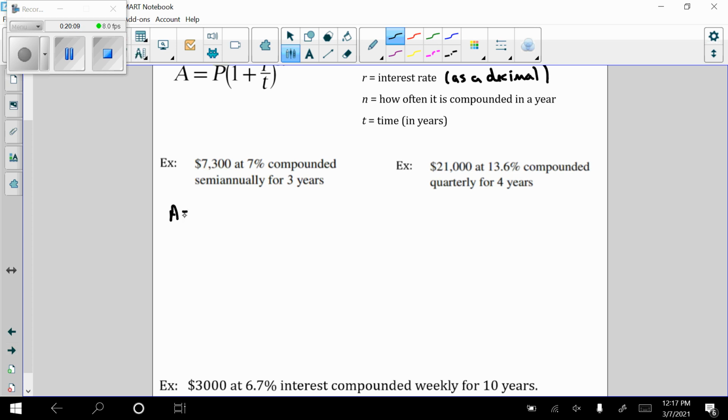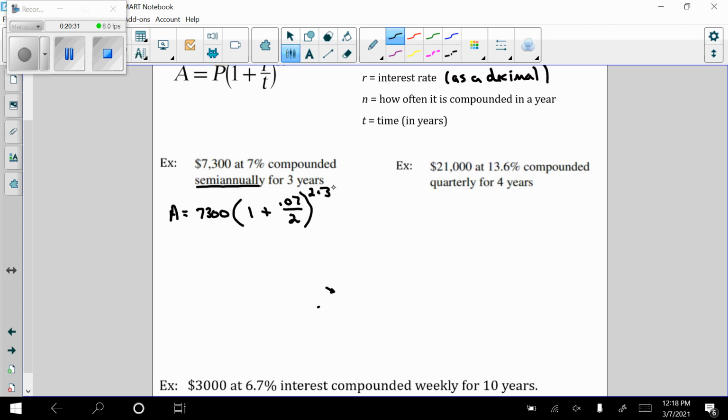Okay, so I have my final amount is equal to 7,300 times 1 plus the rate, 1.07. Semi-annually is twice a year. So take that rate divided by 2. And then I need to do my semi-annually times my number of years.